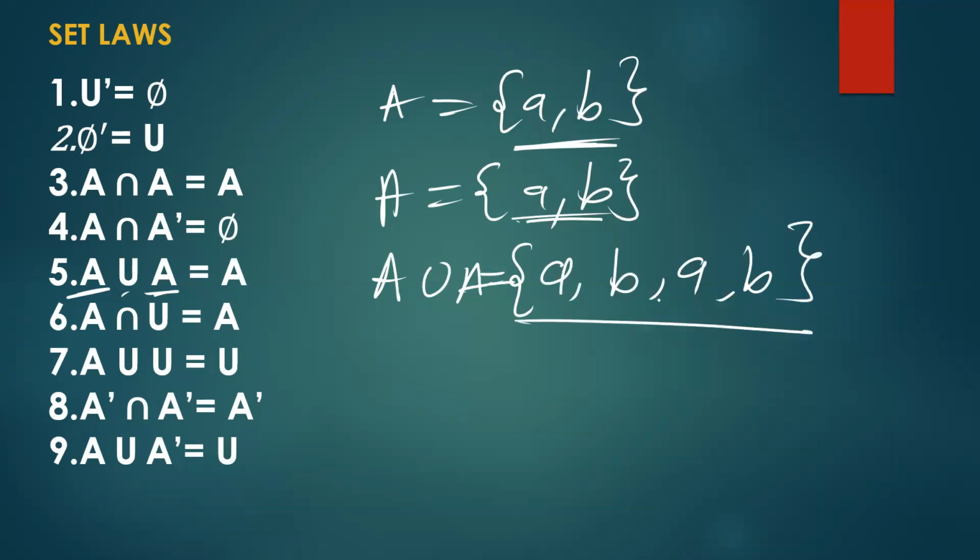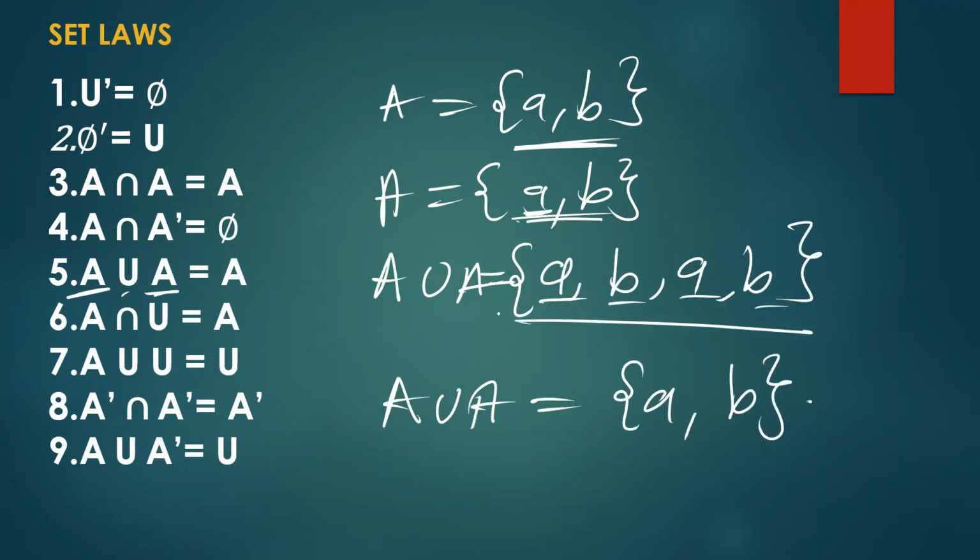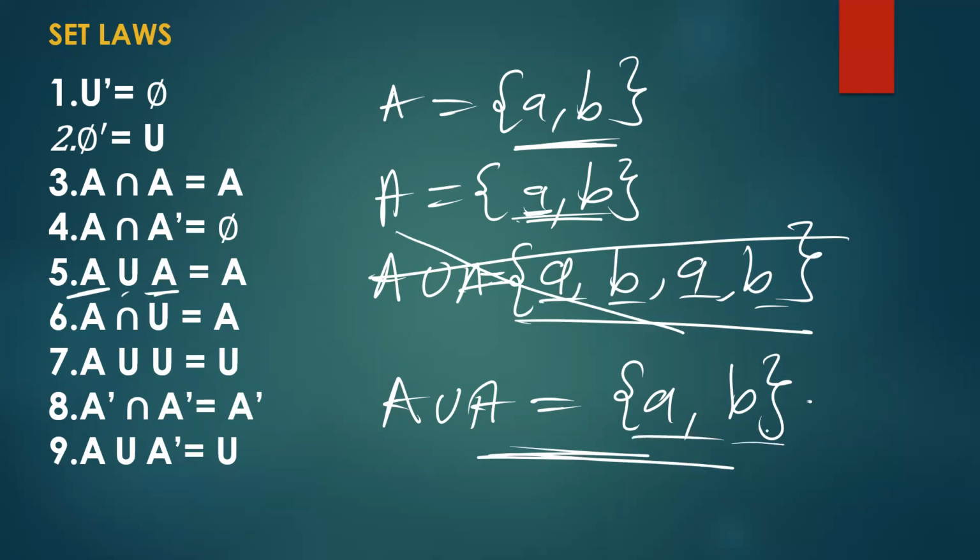According to rules of sets, anything that is appearing 2 times in a set, like the way we're seeing A and B there, you write them once. Hence, A union A is simply just going to be what? A, comma, B. These are the only elements that we have. So this is wrong. So this is the correct way of finding A union A. So A union A is giving us A, comma, B, which is just the same as what? A there.